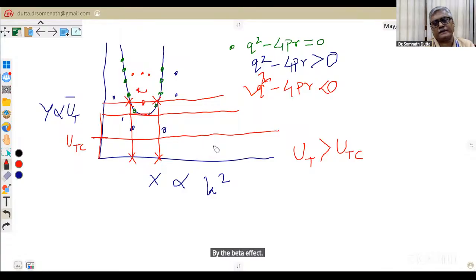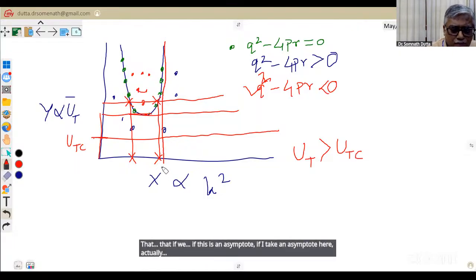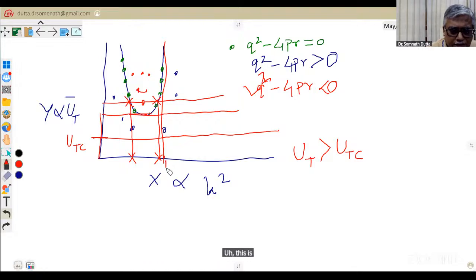Not only that, another thing is also very clear: if I take an asymptote here, suppose this value is some kc square.